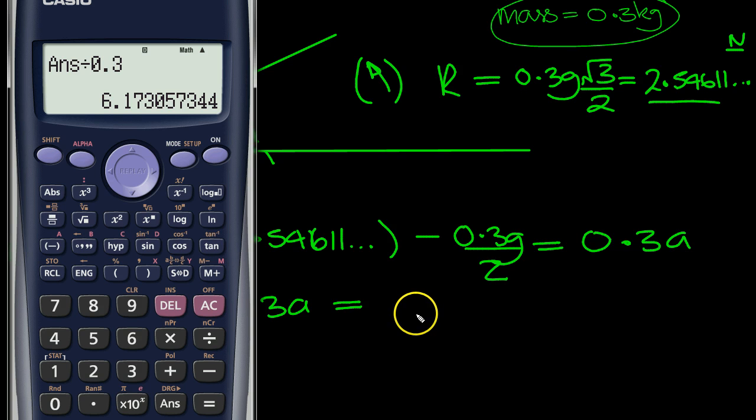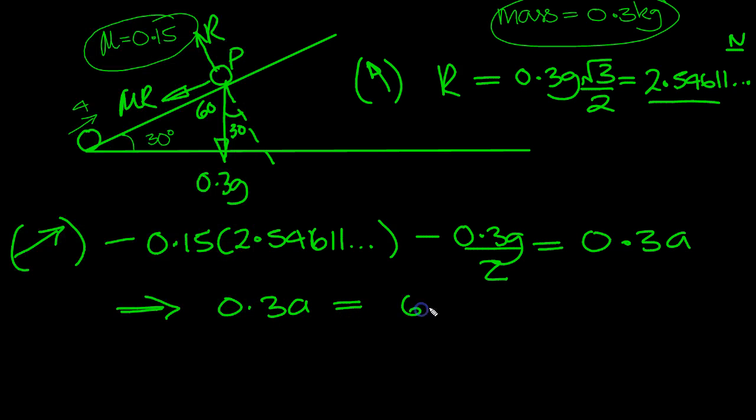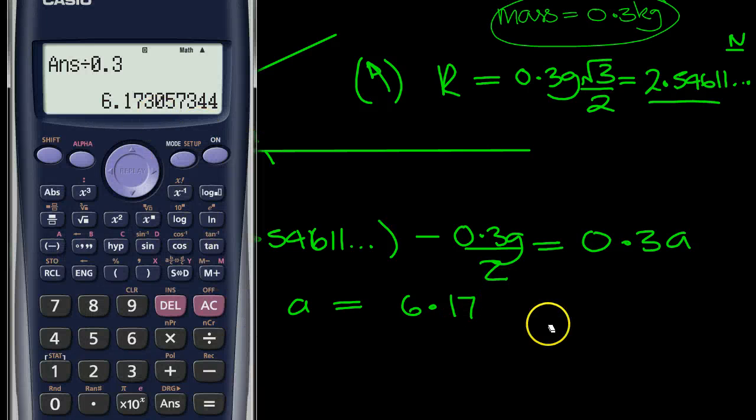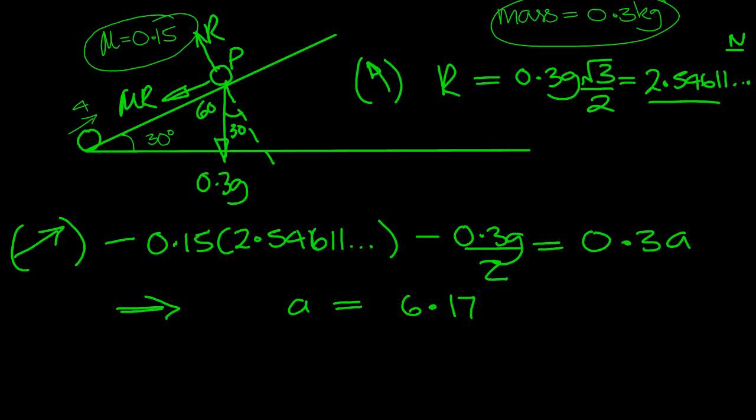So 6.17 is what we get for the acceleration here. So I've already divided by 0.3. So it's 6.17305. So that's the acceleration then, meters per second squared.